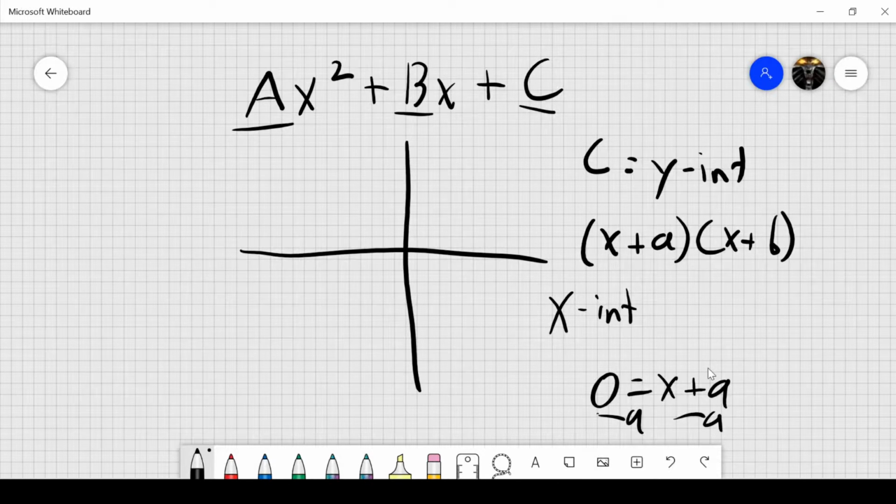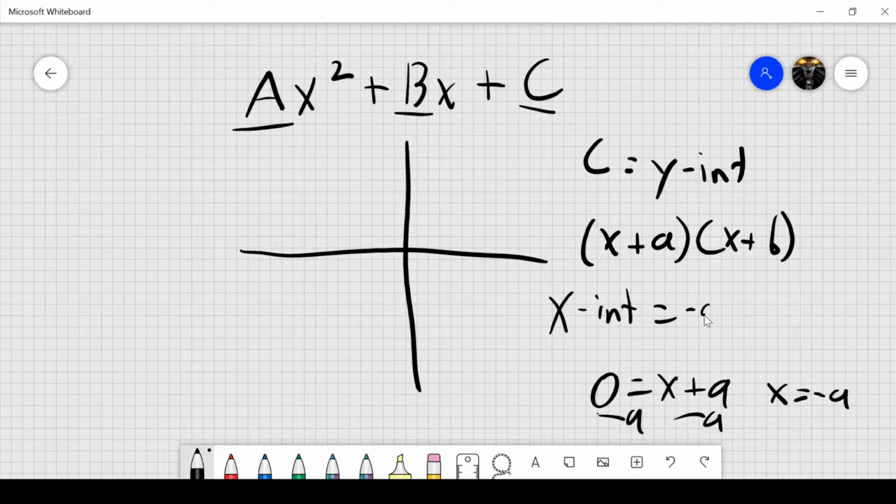Now, if we have a coefficient in front of our x, which you may end up having, you will have to do a two-step equation, but this is very much our unit 1 stuff. We separate them, set them equal to 0, and then solve for our x.